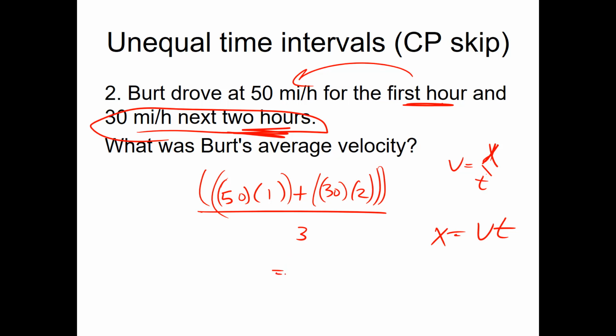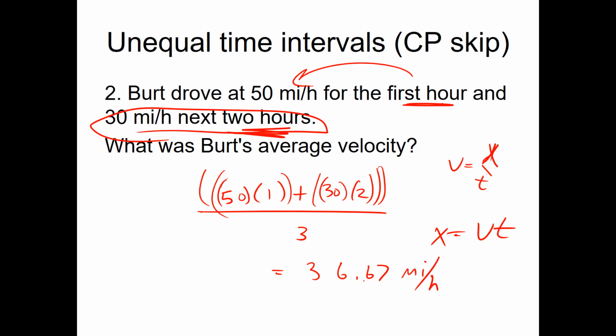If you do that, you get 50 times 1 plus, open parentheses, 30 times 2. This is how I'm typing it into the calculator. Divided by 3, and you'll get 36.6 repeating, or 37 miles per hour.